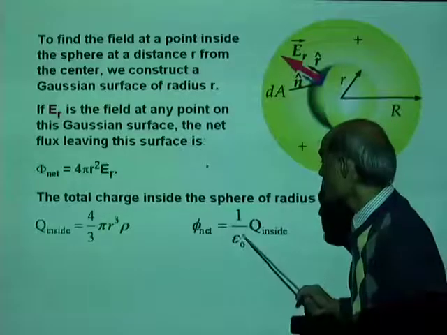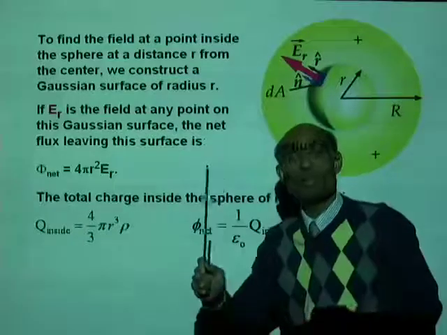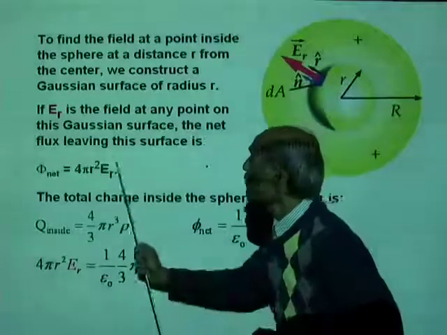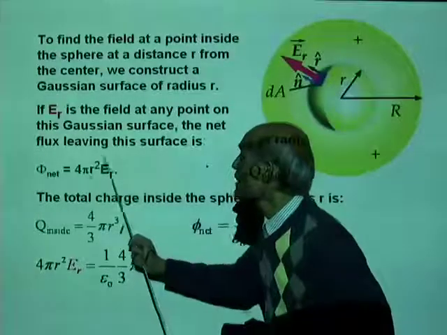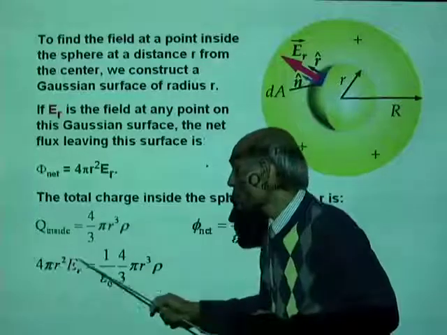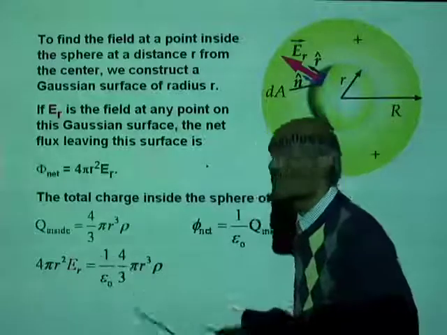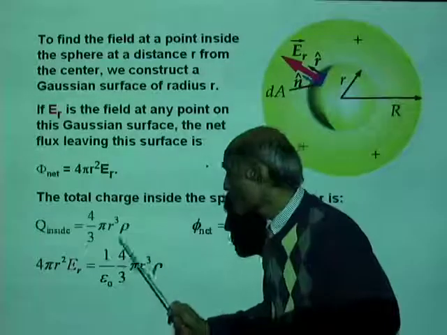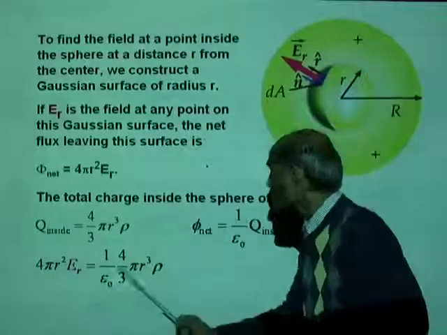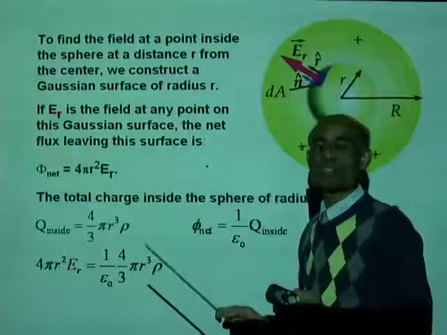1 over epsilon naught times Q inside is the same as 4 pi k times Q inside. So 4 pi r squared times ER is the net flux, and that net flux must be equal to 1 over epsilon naught times the total charge inside the Gaussian surface.